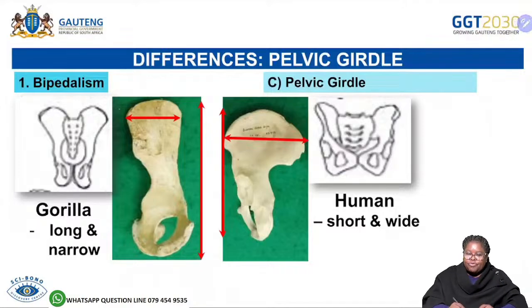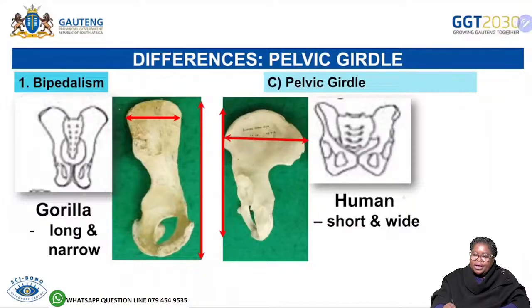But then in terms of the pelvic girdle in humans, this is also important, girls and boys. With the pelvic girdle of humans, it's short and wide. What makes it to be short? Let's look at the diameter here. Now with this diameter between the two, this one has got a large or wide diameter, whereas this one is narrow.